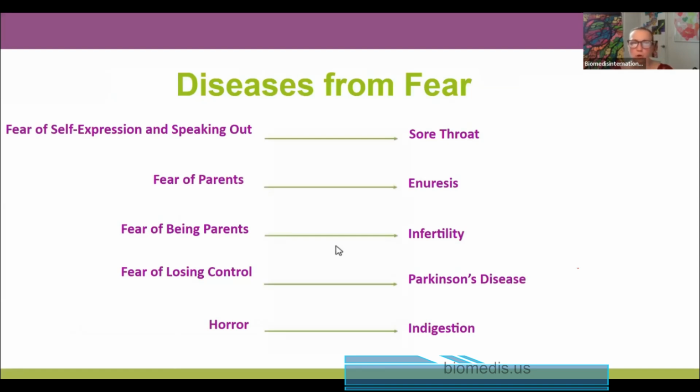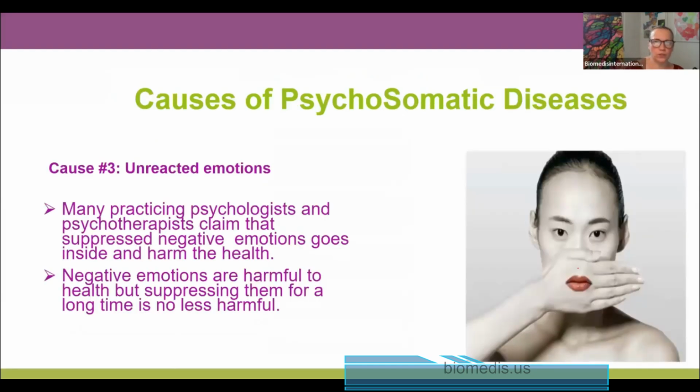Diseases from fear of self-expression and speaking out, they all get stuck in the throat. Fear of parents in kids can cause enuresis. Fear of being a parent can cause infertility. Fear of losing control, Parkinson's disease. Horror, indigestion. The third cause of psychosomatic diseases is unreacted emotions, something that we hold on to and don't even show, nobody knows.